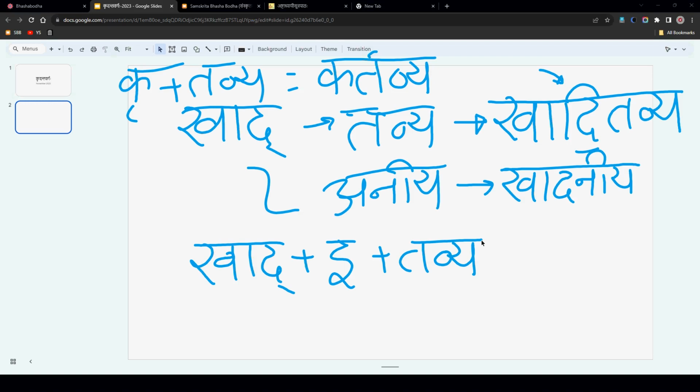There is no answer to it, because in usage the bhasha is like that, khaditavya, etc. To support that final form, the Ashtadhyayi supports it with a derivation process, prakriya. For example, here khad plus tavya is there, and then E comes in between. This is also a pratyaya in between.